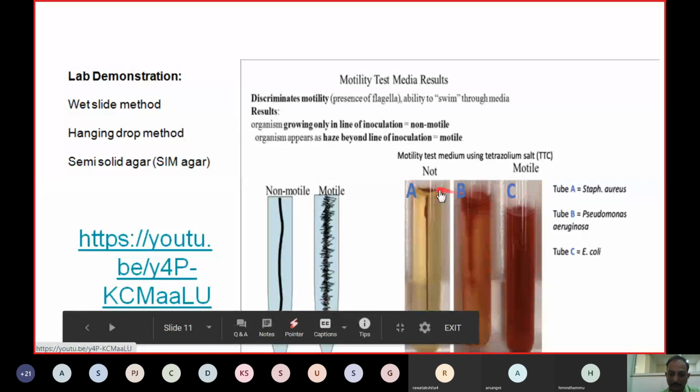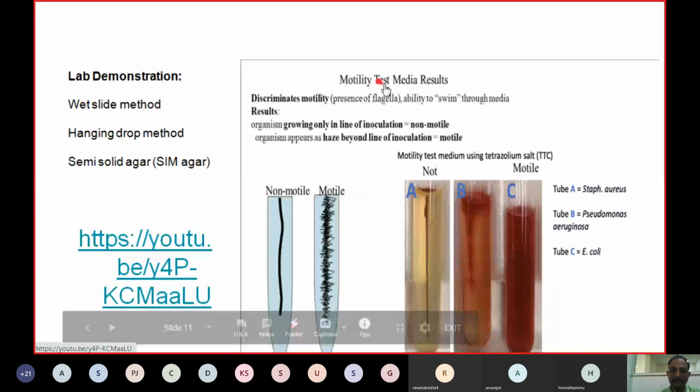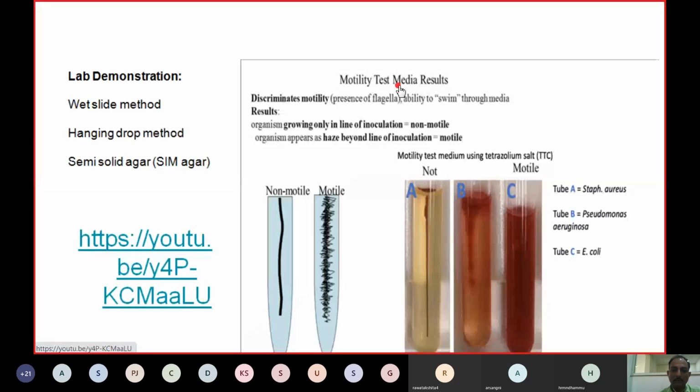Here you can see an exact single line of inoculation, with growth of the bacteria on this line only, but here it is somewhat distributed. So this is motile bacteria. This is known as the motility test using media. One of the very common media is SIM agar medium, which is used for demonstrating motility of a bacteria.